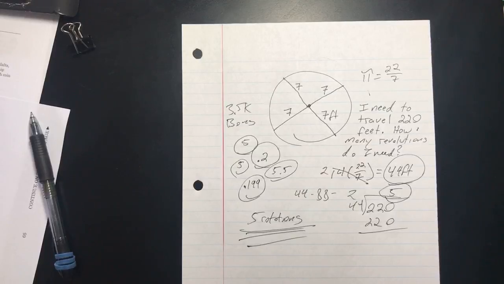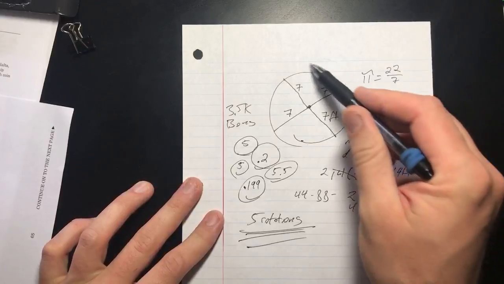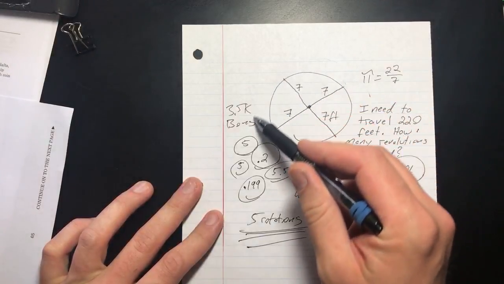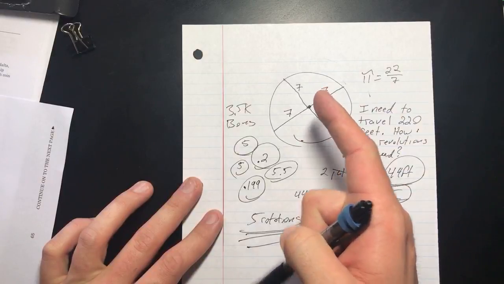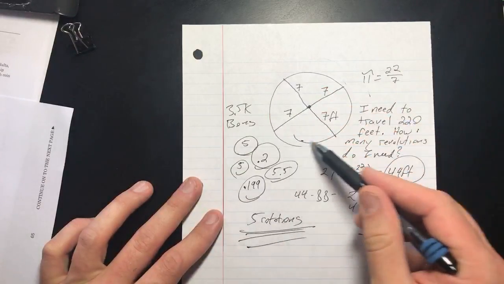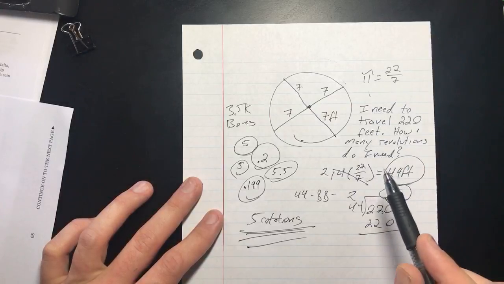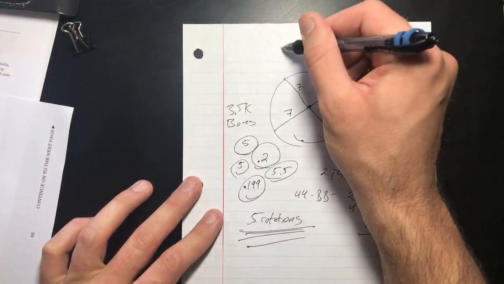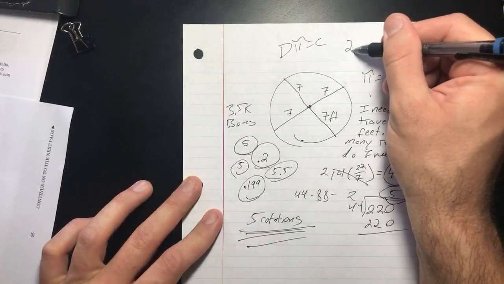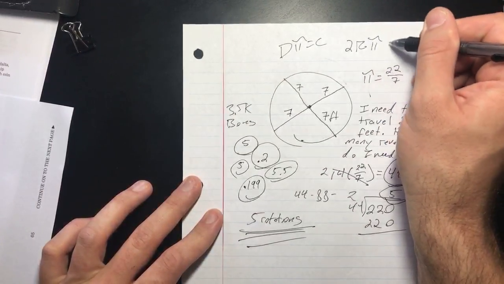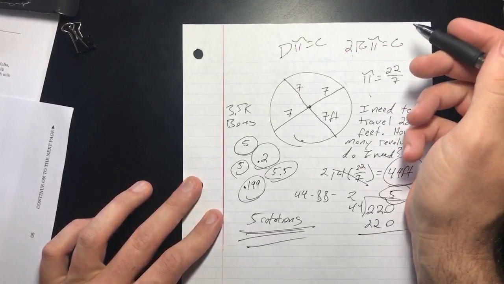Can you explain one more time? Yeah, I can. So think of it. How far would you go if this bad boy only rotated one time, right? That's their circumference. And the equation for circumference is diameter times pi, or 2 times the radius times pi, because 2 times the radius is the same thing as the diameter, yeah?